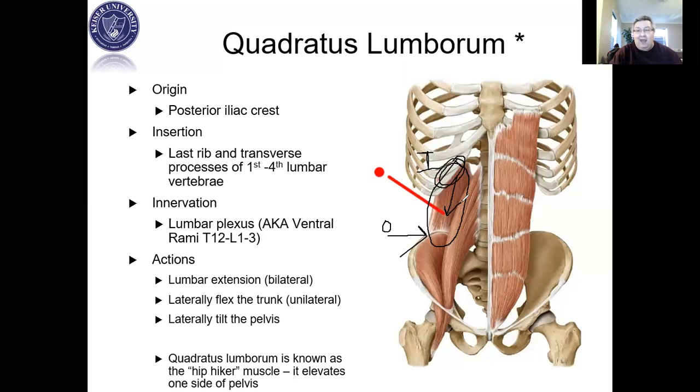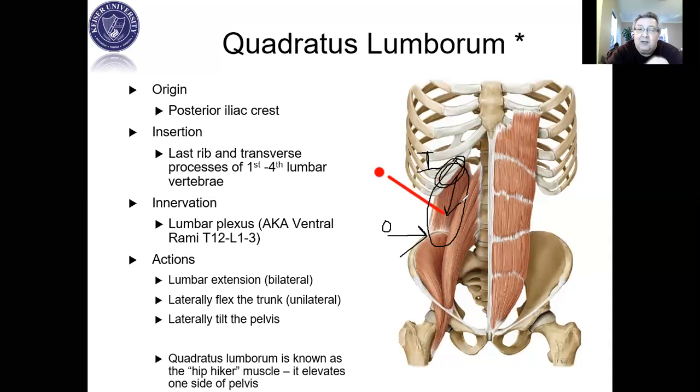Well, what happens is, again, the body tries to compensate. So one of the compensations for a weak gluteus medius is where the Quadratus Lumborum will actually hike that hip up on the right-hand side. Hence the name, the hip hiker muscle, because it elevates the pelvis on one side of the body.